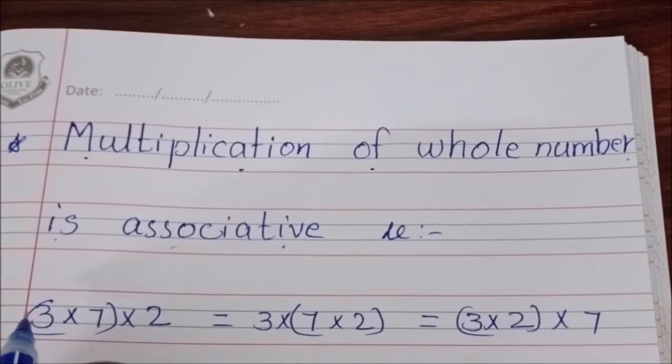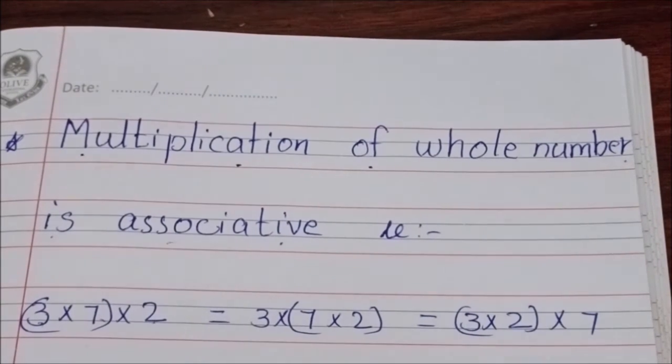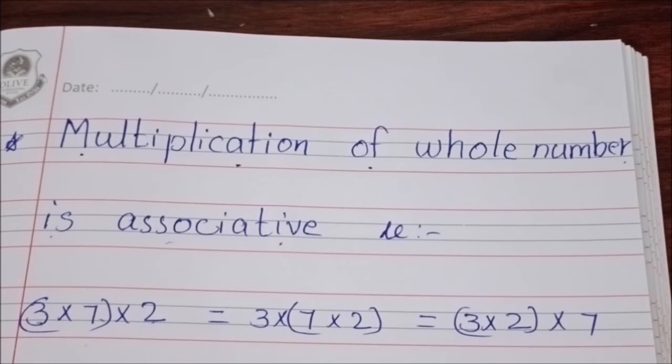Got it? Which means 3 or more numbers can be multiplied by grouping them in any order. Still, the product remains the same.